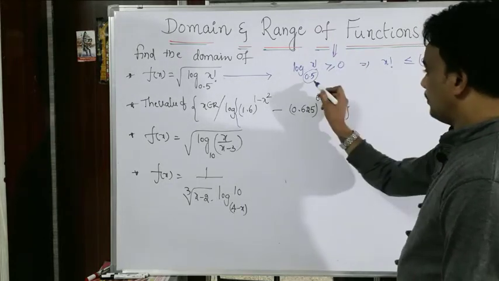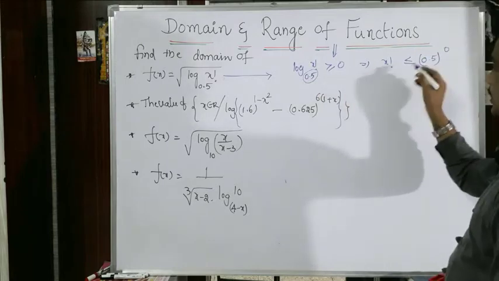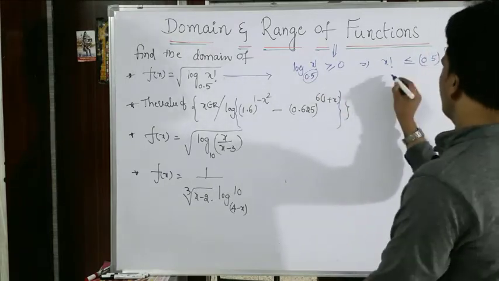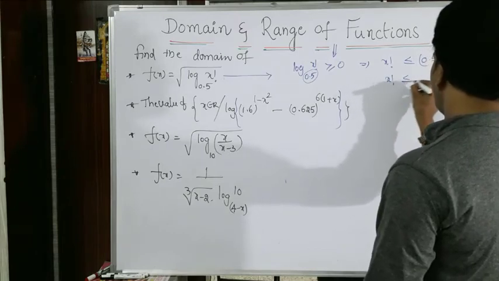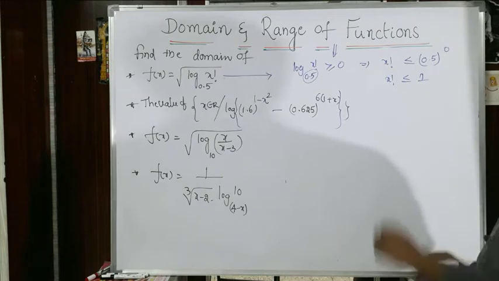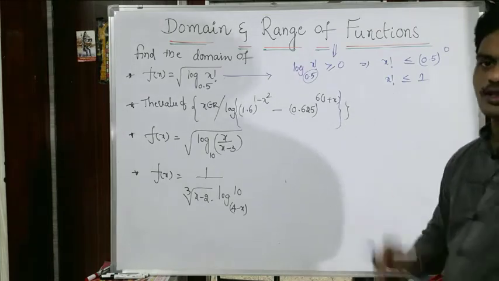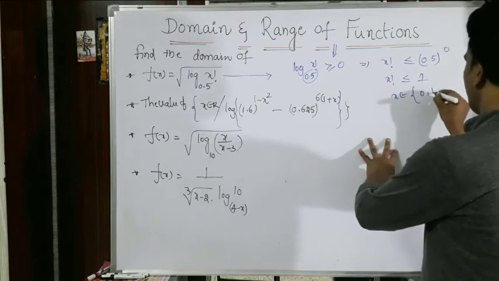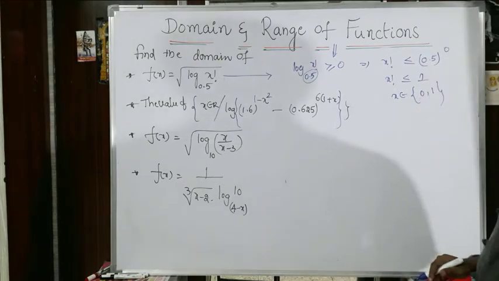But here the base is less than 1, that is why the inequality changes while transforming into exponential form. So x factorial is less than or equal to 0.5 to the power 0, which is 1. Which values of x will satisfy this? Simply x belonging to 0 and 1 will satisfy. Very simple problem.